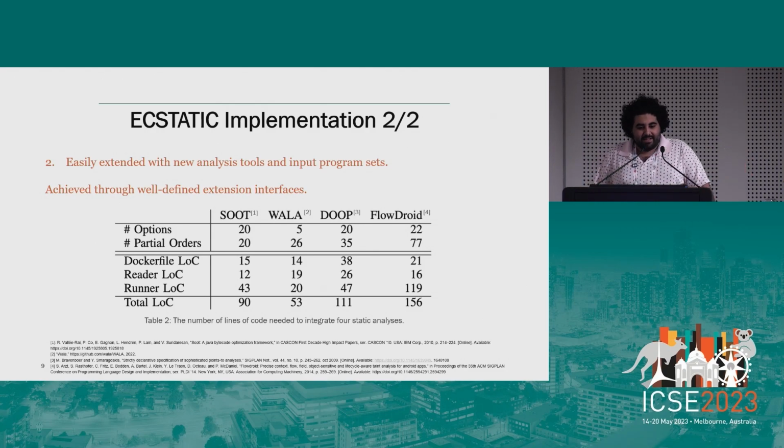I have the table up right now, and at most Flowdroid had 77 partial orders, which we had to manually determine. We really hope that as a result of this work, we can motivate static analysis tool developers to make these configuration spaces explicit, not only to help testing, but also as good documentation so that the user knows exactly what the analysis designer intended with each configuration option.